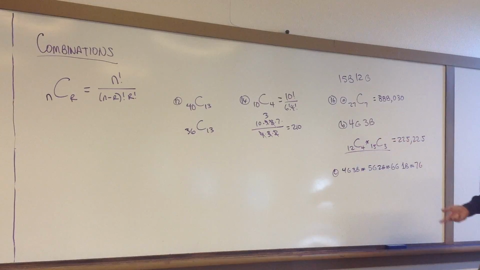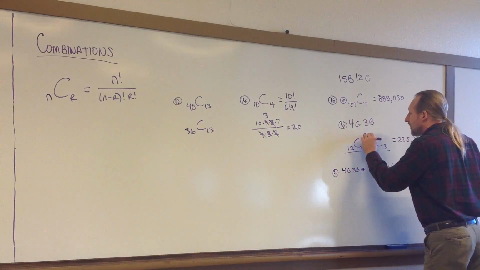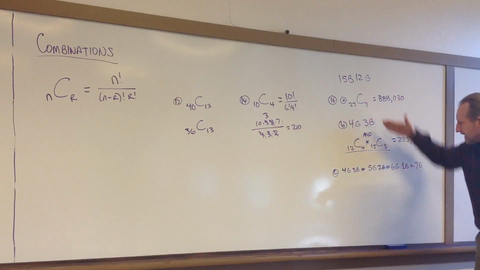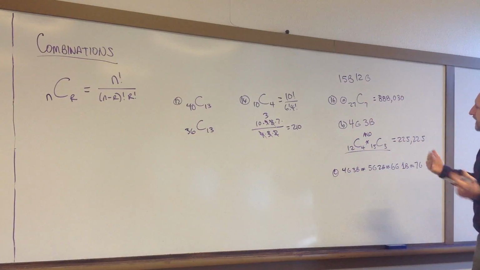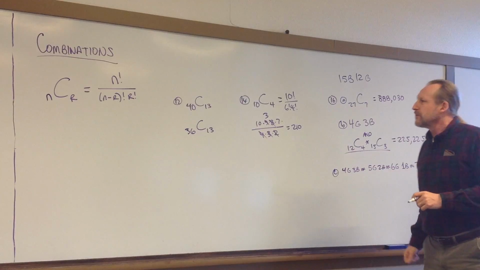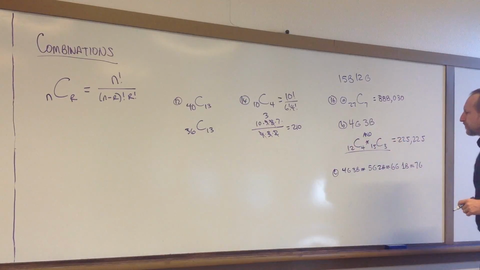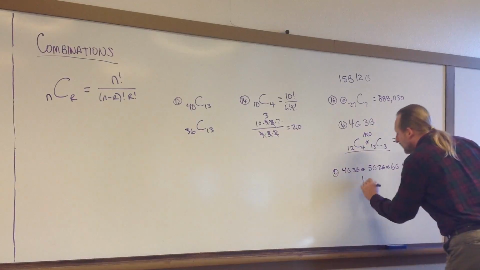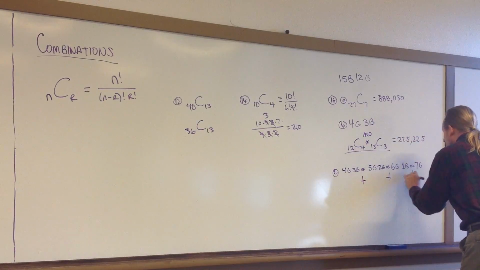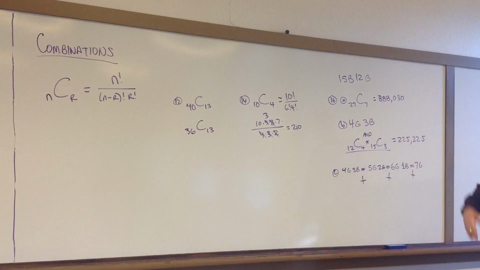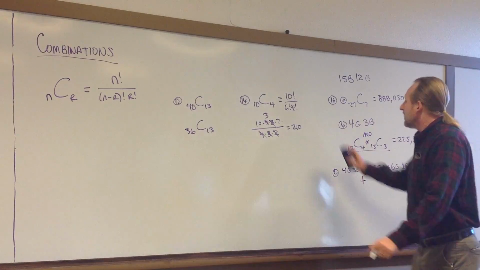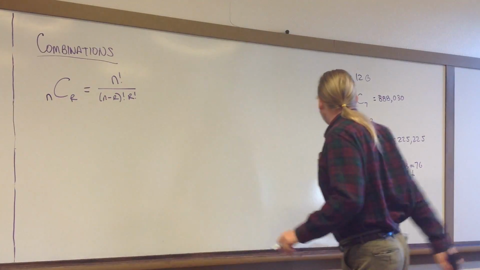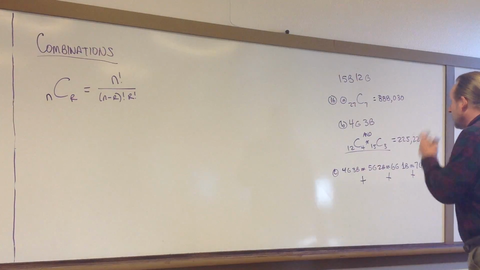We multiplied these because this was an and situation. We had these 4 girls and these 3 boys. And again, from the fundamental principle of counting, these got multiplied together. When you get these or situations, this is plus, and so these are all going to get added together. One way that we can do this is to add these all together.